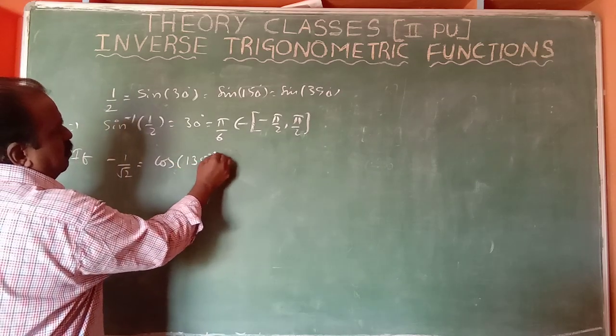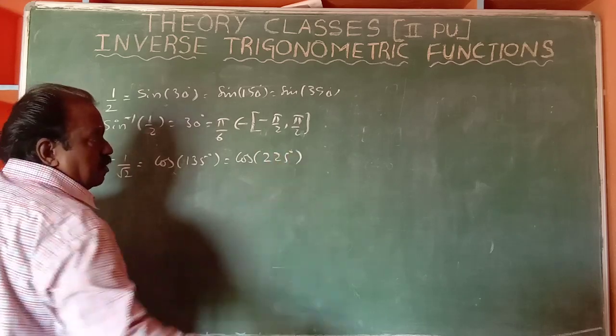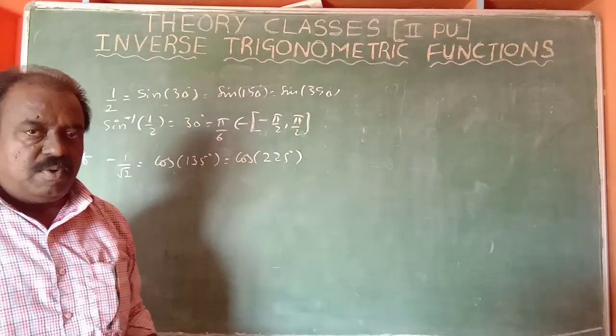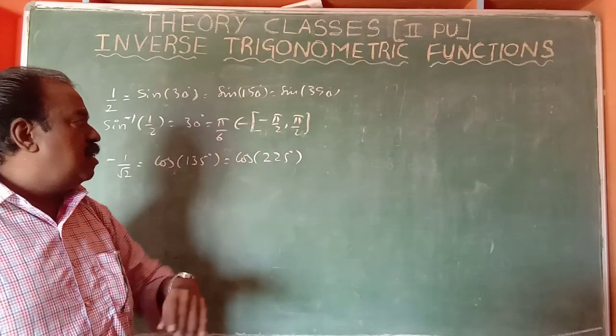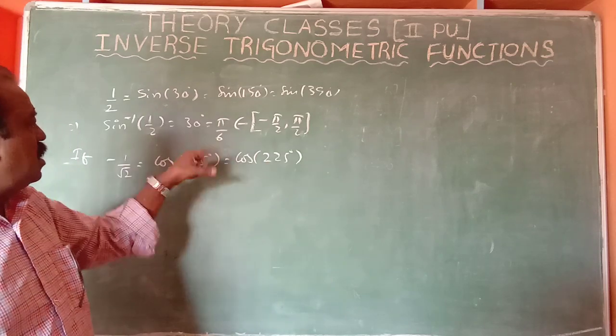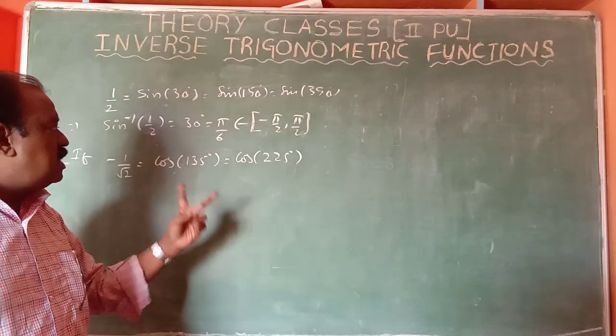It is 135 degrees or cos of 225 degrees also. Not only these two, unlimited number of angles are there for which cos gives the same minus 1 by root 2. But in one rotation, these are the two.